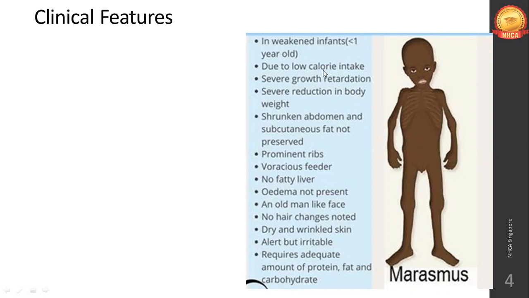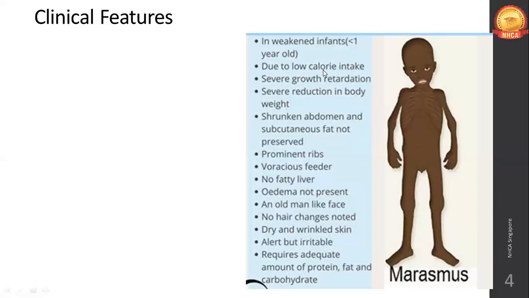The child will not have fatty liver here. Edema is not present, there is no swelling. You will see there is absolutely no sign of swelling. The child has an old man-like face. No hair changes are noted here. Dry, wrinkled skin is seen. The child is alert, but irritable.